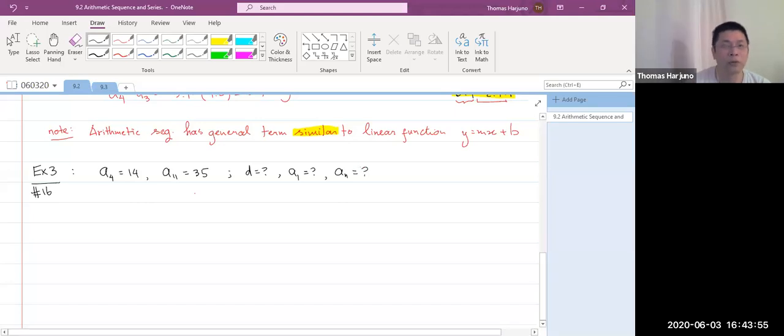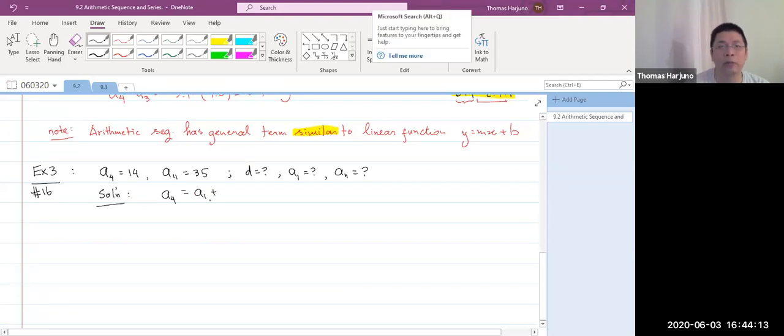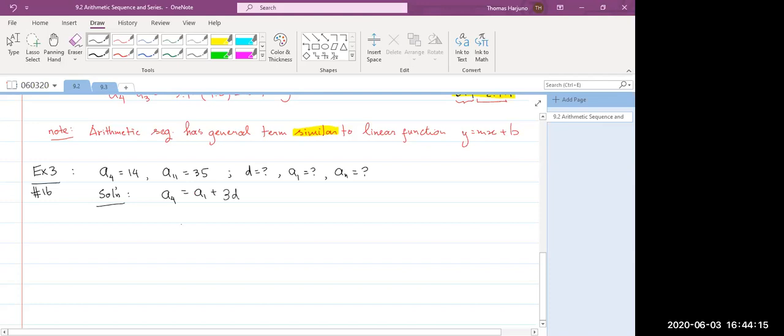Now, how do we solve this? I will rewrite it this way. We know that the fourth term is the first term plus how many d's? One less than n, right? That will be 3d, is that right?